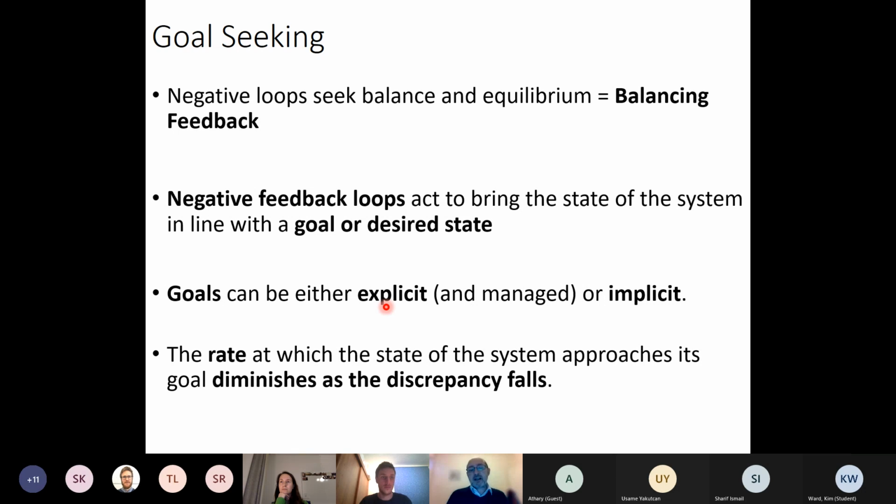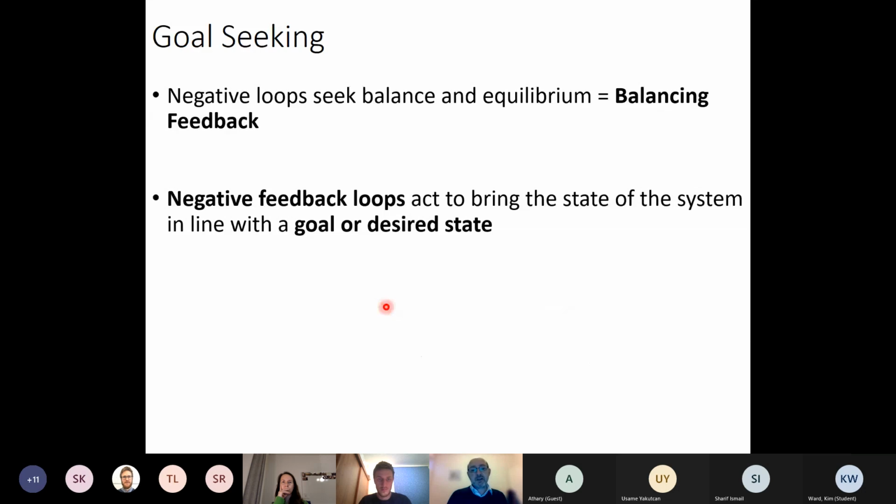But one interesting thing, and this is the opposite of exponential growth or a reinforcing feedback process, is that in the reinforcing feedback process, the rate at which the state of the system changes increases as the state of the system increases. In this case, the rate at which the state of the system approaches its goal diminishes as the discrepancy falls.